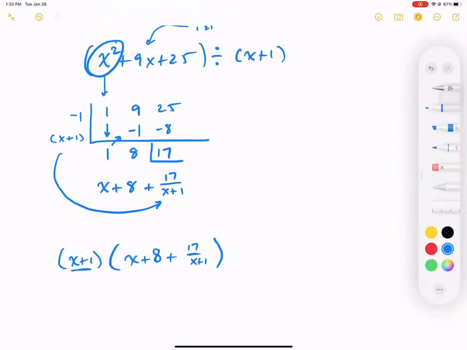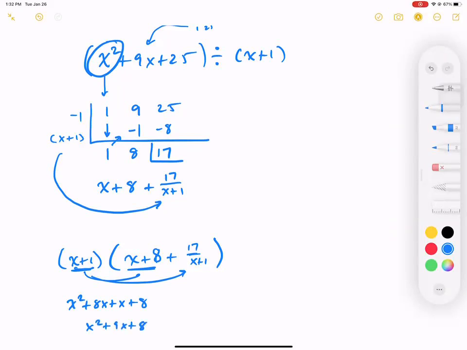I'm going to multiply this term by this term, and then by the front, and then by the back. Because I can multiply binomial by binomial very quickly, I know x plus 1 times x plus 8 is x squared plus 8x plus x plus 8. I multiplied it out. Just rewrite that as x squared plus 9x plus 8.